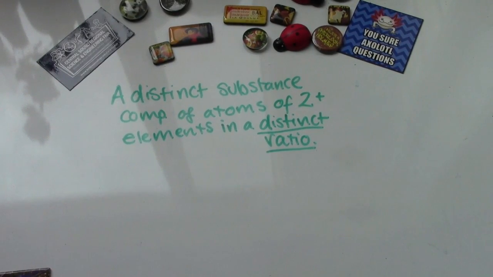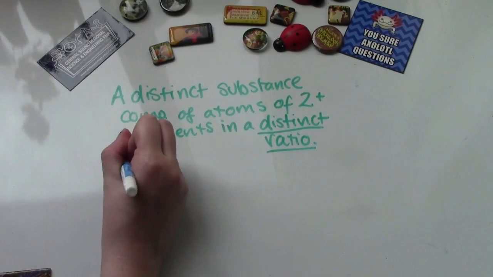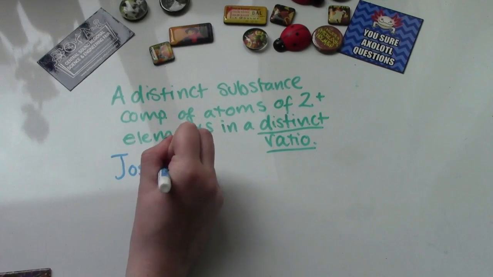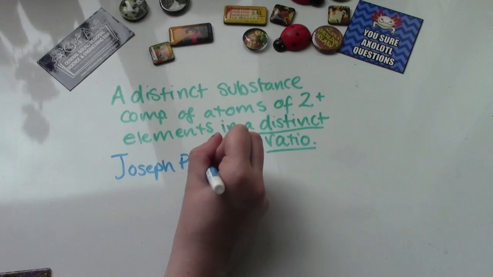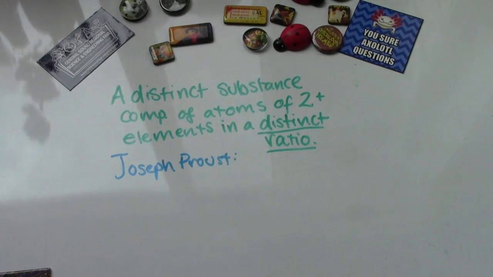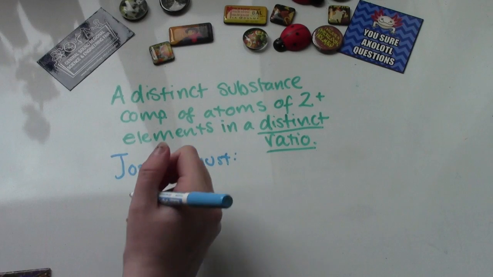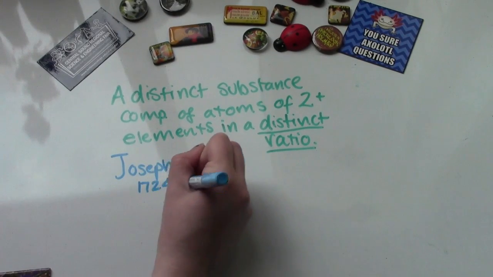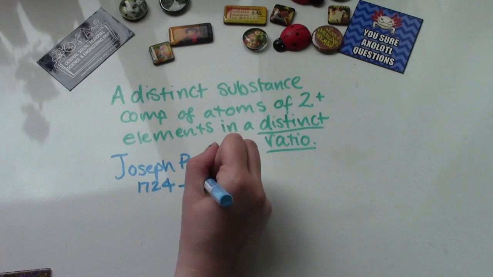There's a scientist, a chemist named Joseph, I hope I say his last name right, Proust? Let me know the right pronunciation for it. And he found out about this distinct ratio.